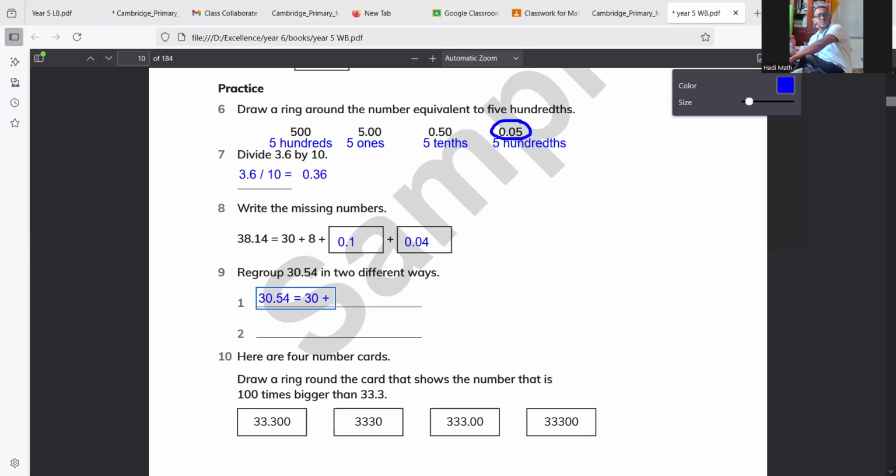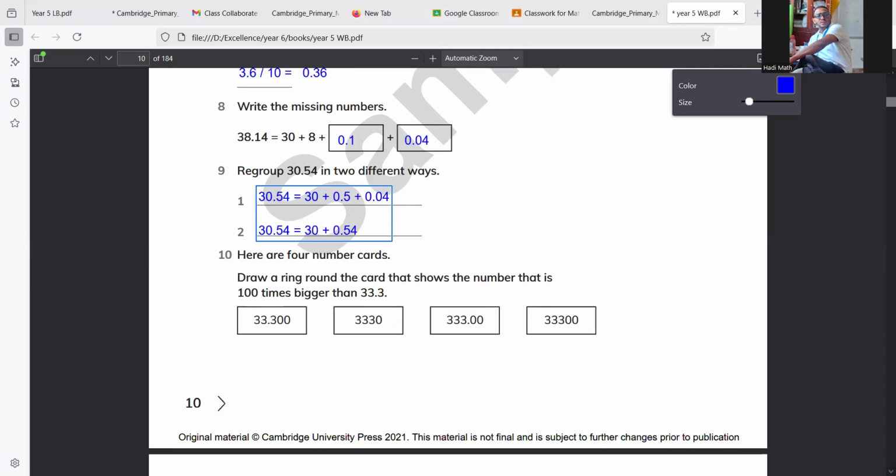Then you go to the tenths, it is 0.5. Plus, you say is what? Is 0.04. They said maybe you do it another different way. The other different way, you could say 30.54 is equal to 30 plus 0.54. This is another different way.